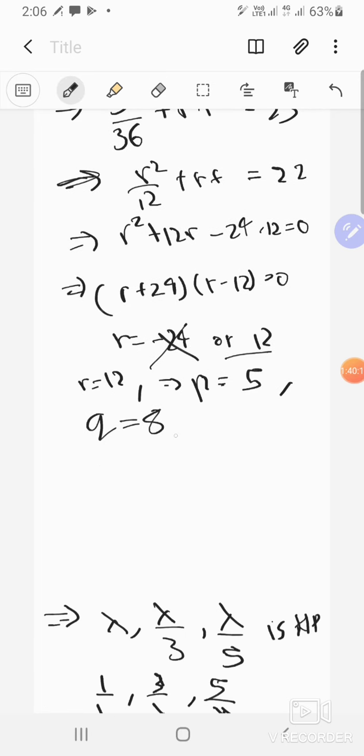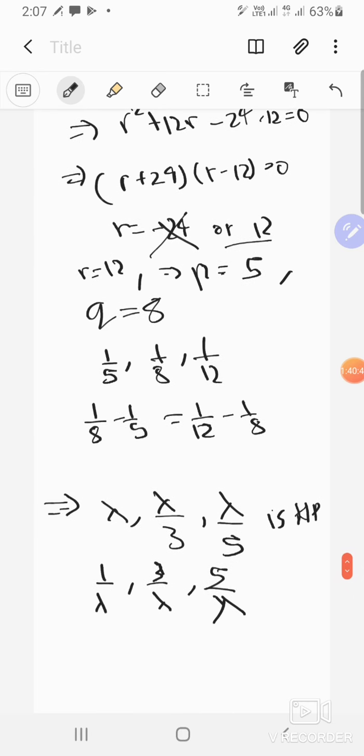So 1 by p is 1 by 5, and you got 1 by 8 and 1 by 12. So that is going to be what? I think it has to be 8. Fine, let's just see what this is. So 1 upon 8 minus 1 by 5 equals 1 upon 12 minus 1 by 8. Is that true?